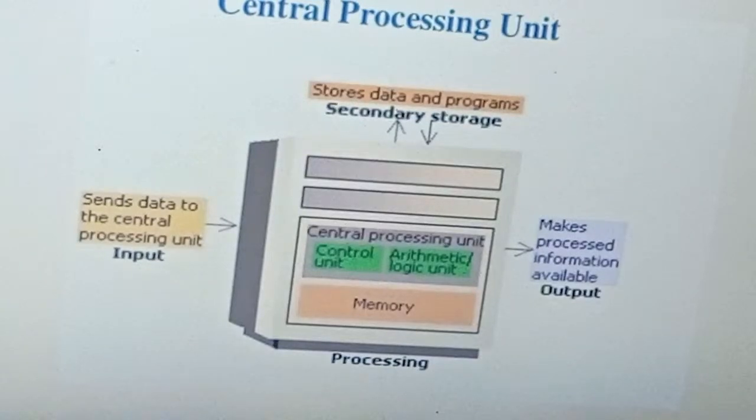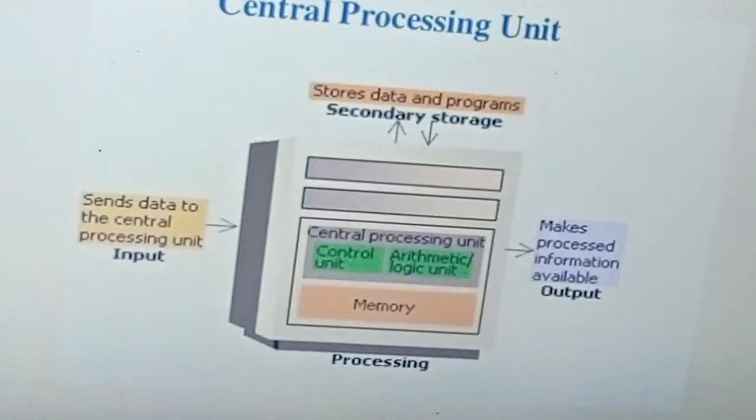The first step is that it fetches the instruction from the memory, and the second step is that it decodes that instruction and directs the necessary data to be moved from memory to the arithmetic logic unit.